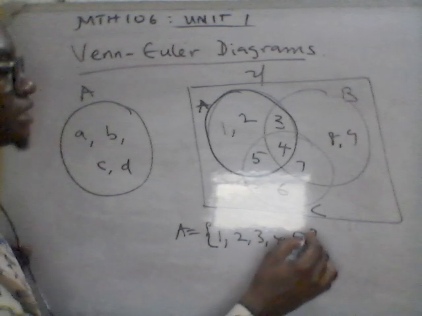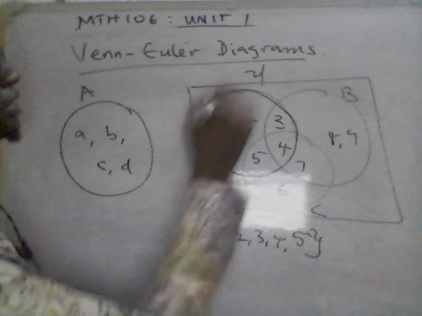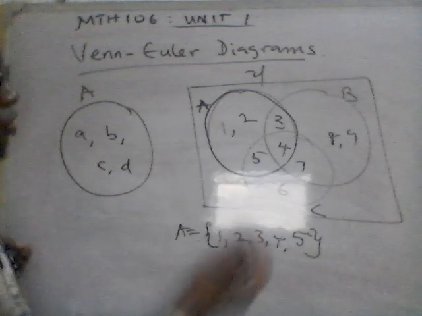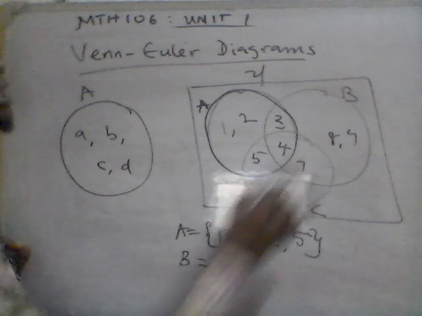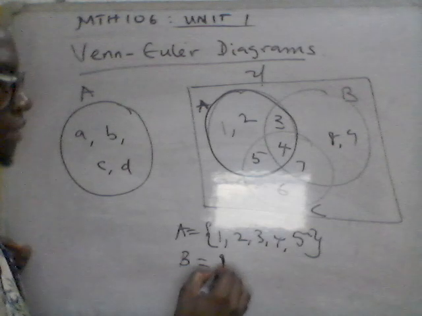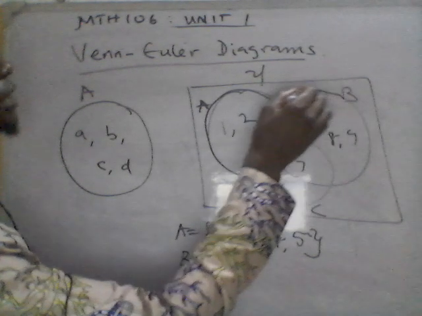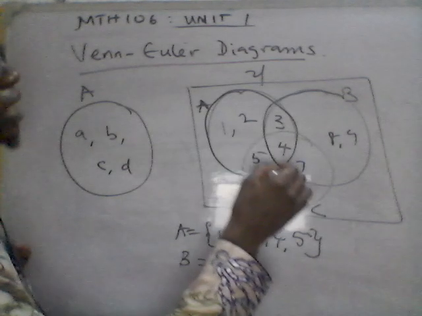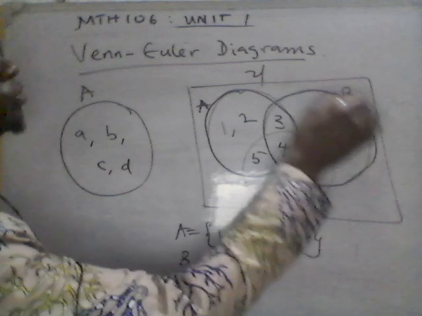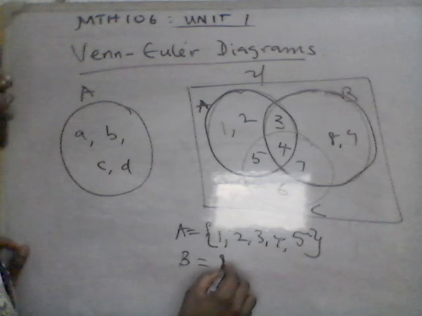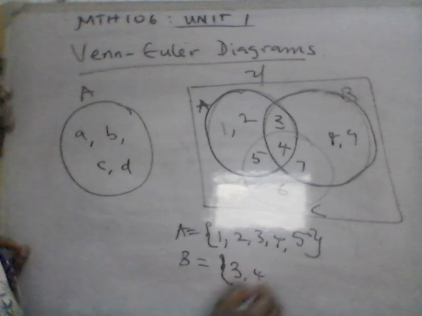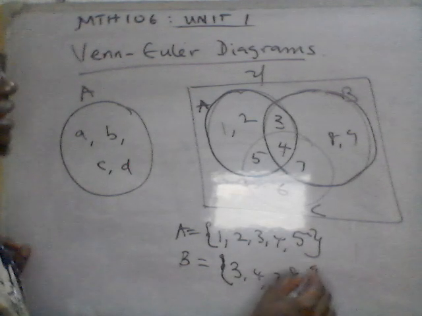The key word is that it is bounded by everything inside the circle. For set B, I want to label the elements. See where the marker is going. Every element that falls inside this circle is an element of B. So it's 3, 4, 7, 8, and 9.